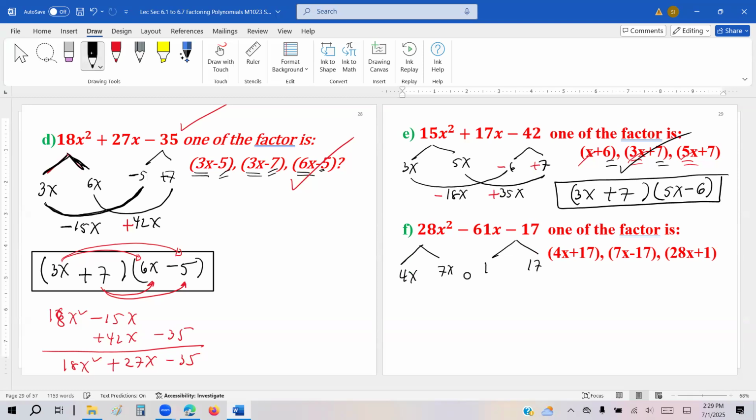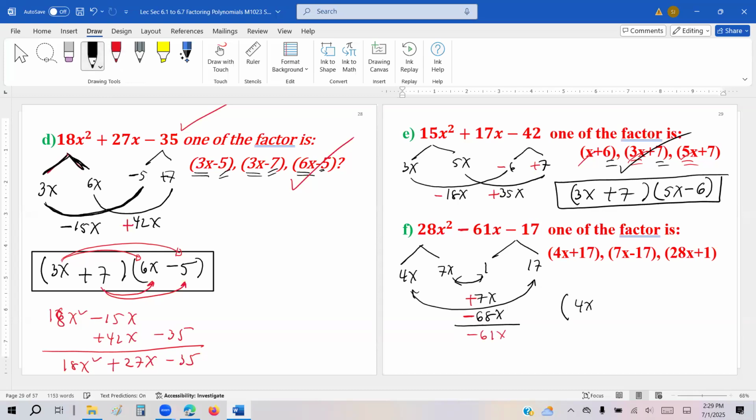How do you multiply them? 4 times 17 is 68x. And 7x. So 68 has to have what sign? Negative. Because we have negative here. So 7x, are you adding or are you subtracting? Plus 7x or minus 7x? Plus. So you get total negative 61.